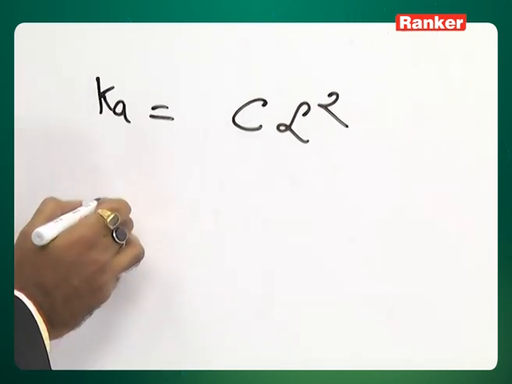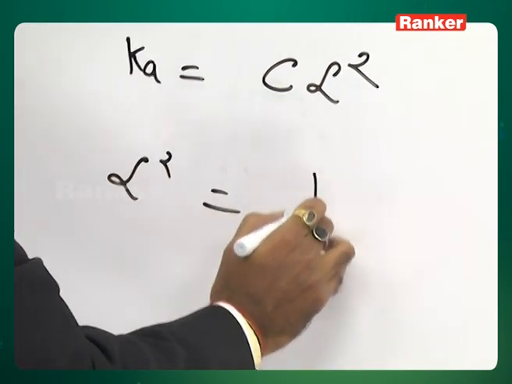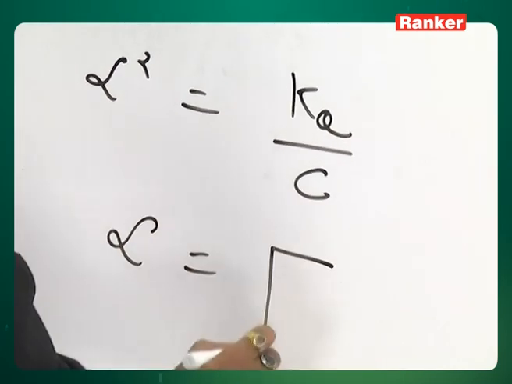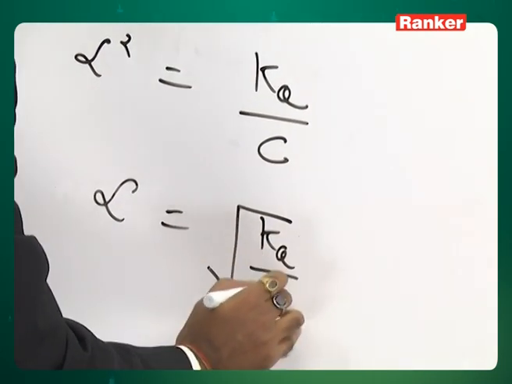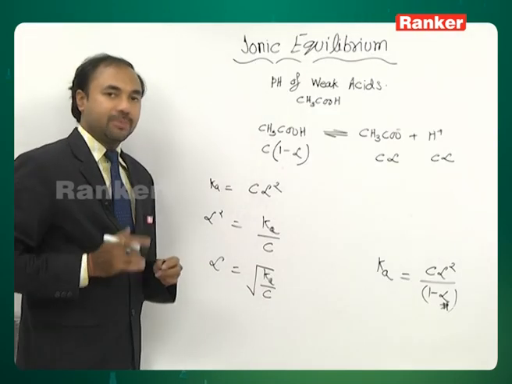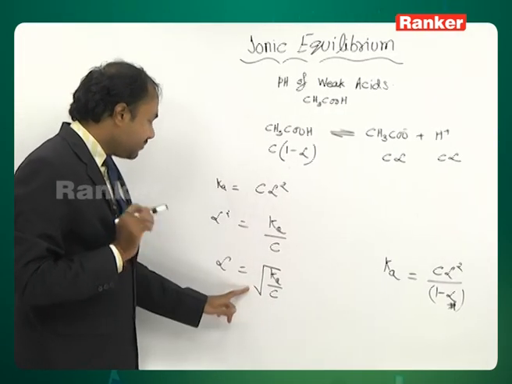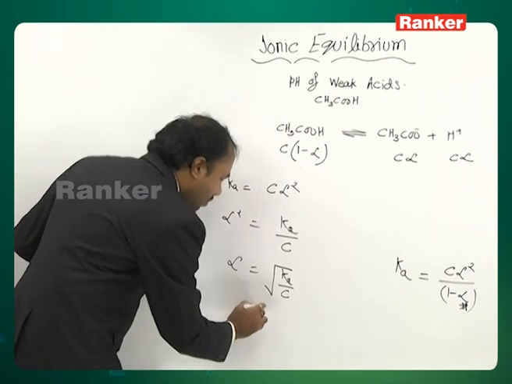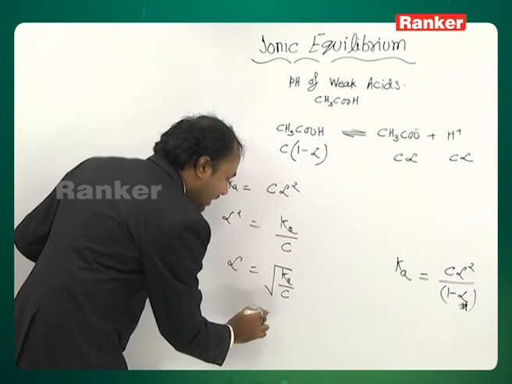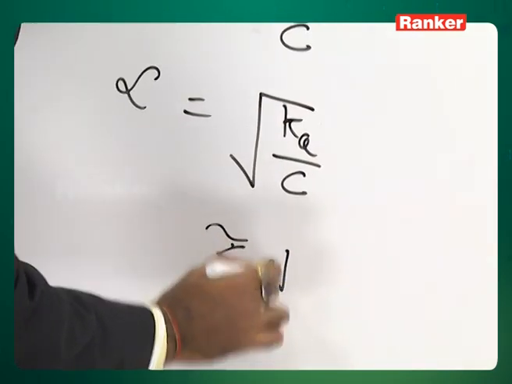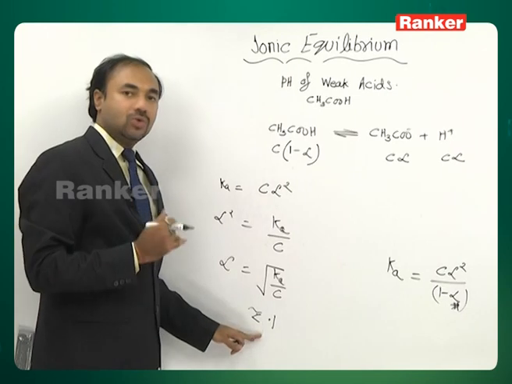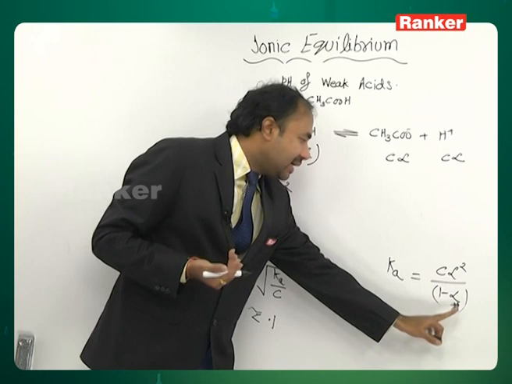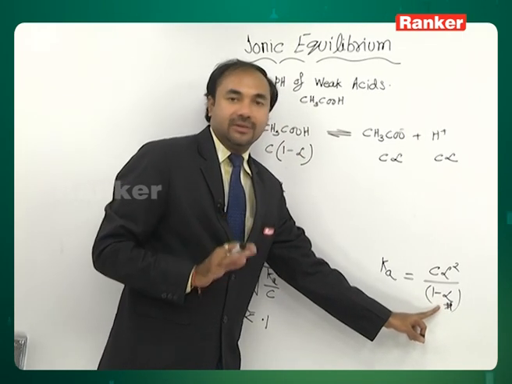From here alpha square equals Ka by C, and alpha becomes equal to the square root of Ka by C. Now listen properly. If the value of alpha from here comes out to be equal to or less than 0.1, we say our approximation to neglect alpha as compared to 1 was valid.